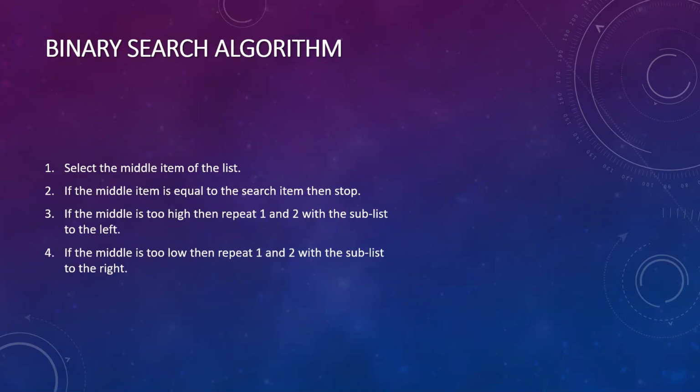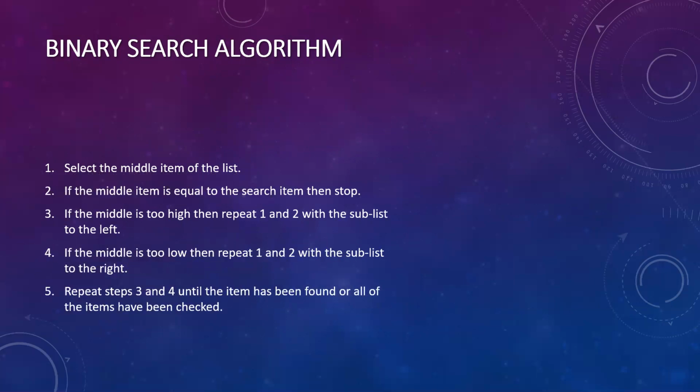And if the middle is too low, then it will repeat steps 1 and 2 with the sublist to the right, that means from the middle point to the right side. And it will repeat steps 3 and 4 until the item has been found or all the items have been checked.